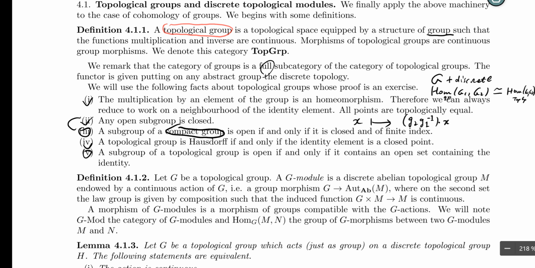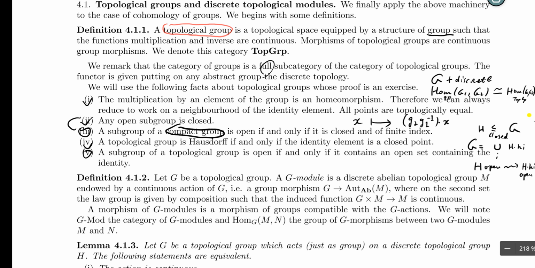So what happened here in the compact group case? We start from H, which is closed as a subgroup in G. Then the whole group G is a union of its cosets. If H is open, then all the cosets are open.